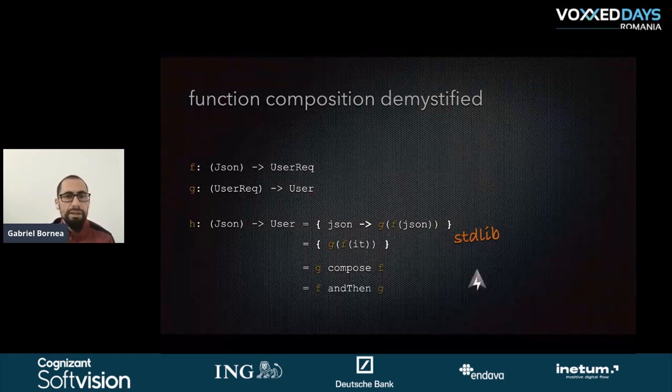And as I've said in the beginning, things that are not part of the standard library and are part of Arrow will have the icon you can see here. andThen is great because it preserves the natural order of reading. So as you can see, andThen is the only function that will allow us to read the composition in a natural way.